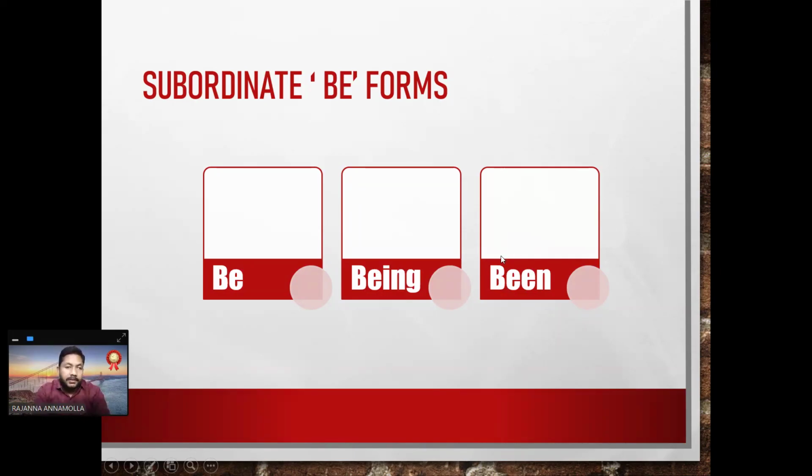And one more thing you have to remember: am, is, or other. Am, past was, present participle being, past participle been. So these are used as present participle and past participle of be forms also.